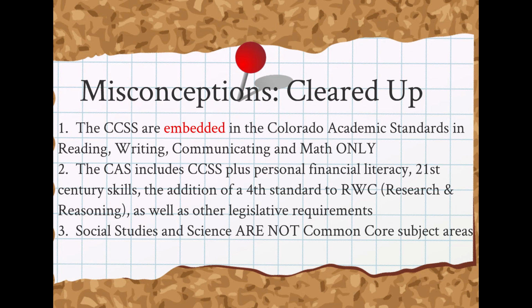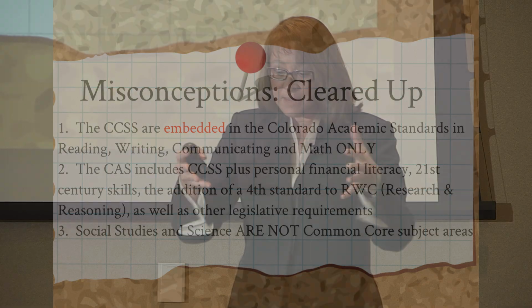There's a fourth standard in reading, writing, communicating that's research and reasoning. And there's 21st century skills. And so what the state board and the writers of the Colorado Academic Standards believed is that the Colorado Academic Standards are really good standards. We didn't want to throw them away and be just Common Core. Okay? So Common Core standards have been embedded in.